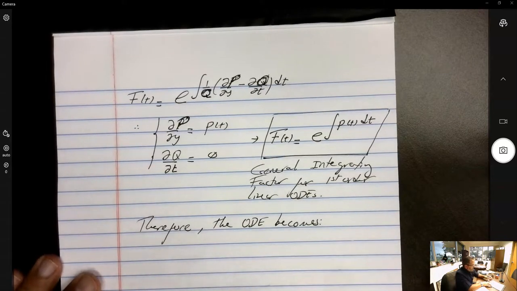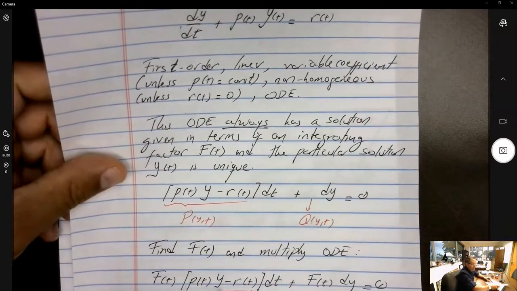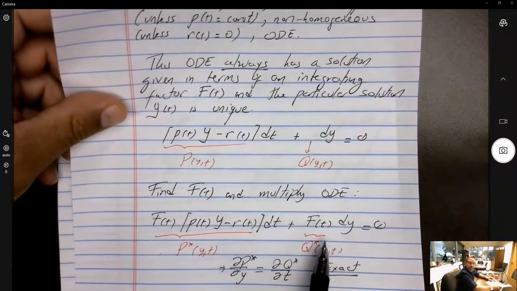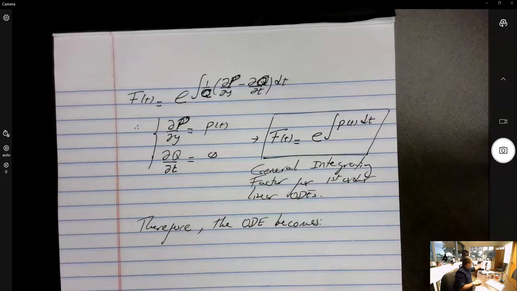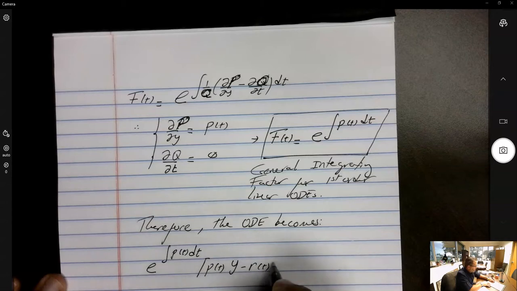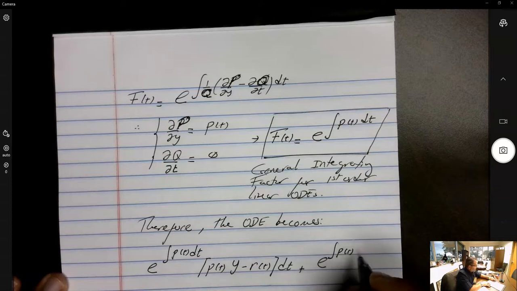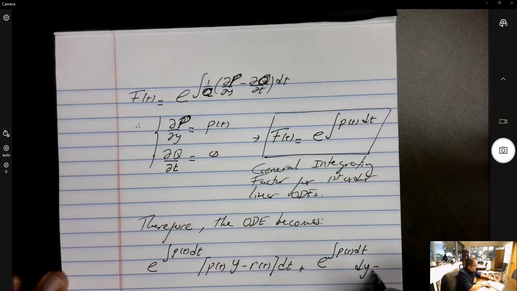so I'm going to take this f of t and multiply it here to make the equation exact. So the new ODE is e to the integral of p of t dt, that's f, times (p of t times y minus r of t) dt, plus f of t, which is e to the power of the integral of p of t dt, times dy is equal to 0.